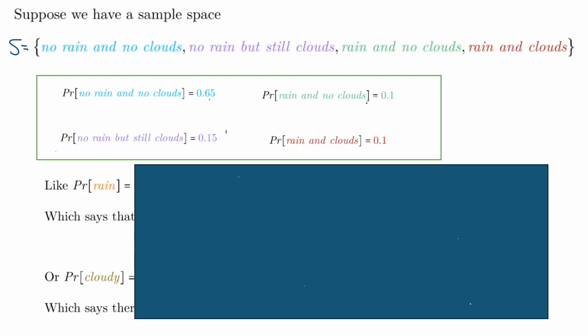The probability of rain and no clouds, 10%, and the probability of rain and clouds, 10%. Okay? So somebody assessed the data and came up with these numbers. So here's the question. What's the probability of rain? What's the probability of raining?